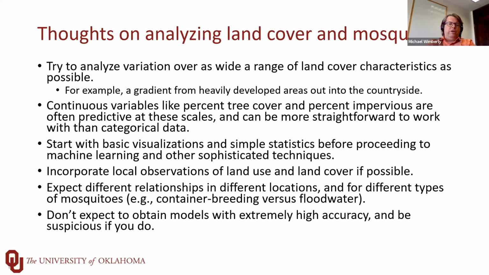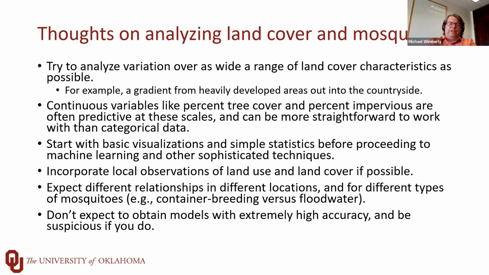If you want to look over a really broad range of land cover characteristics, it's going to be hard to find a signal if you've got 10 sites that are all downtown in your city. But you can often pick out rural to urban gradients for different mosquito species. Often I find that continuous variables like percent tree cover or impervious are sometimes more predictive and can be easier to work with than categories.